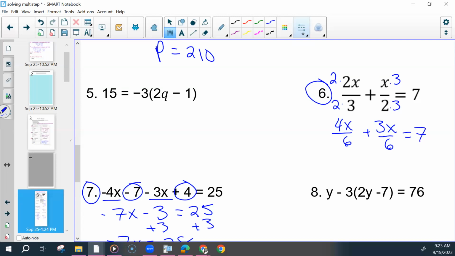The properties of equality don't apply to this because we're just changing the fractions so we can add them together. We're not doing something to both sides. It's different. Because these are now the same denominator, we can combine this into one big fraction.